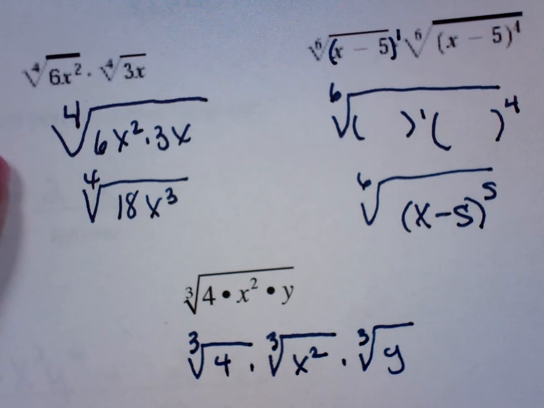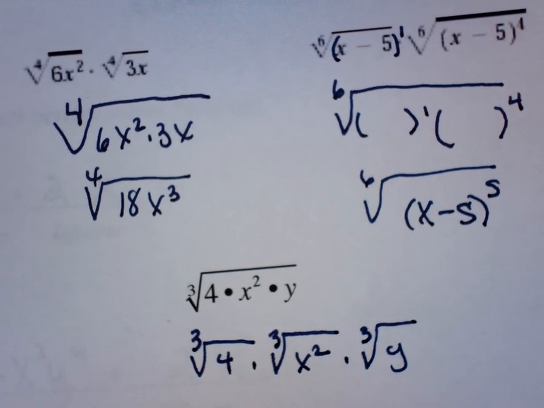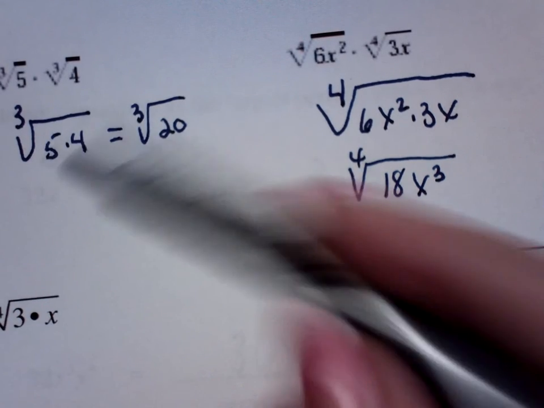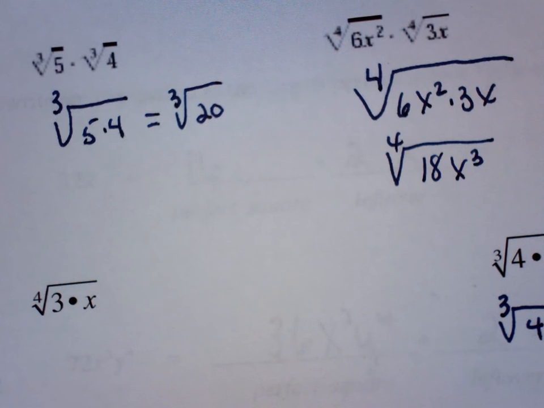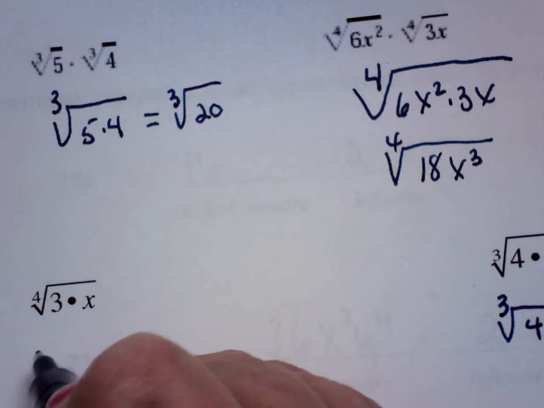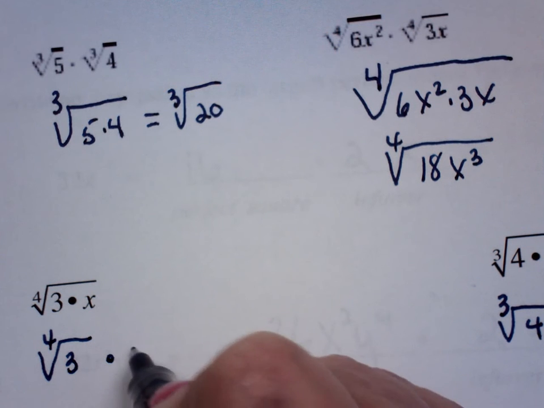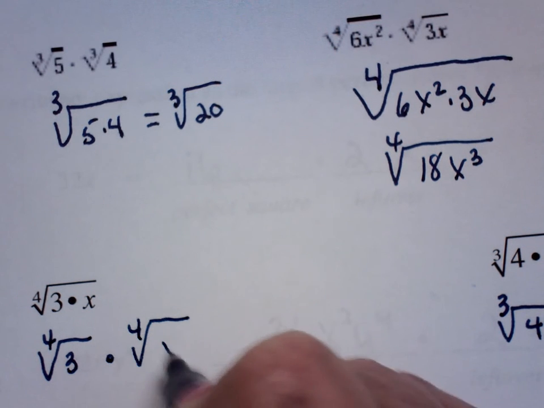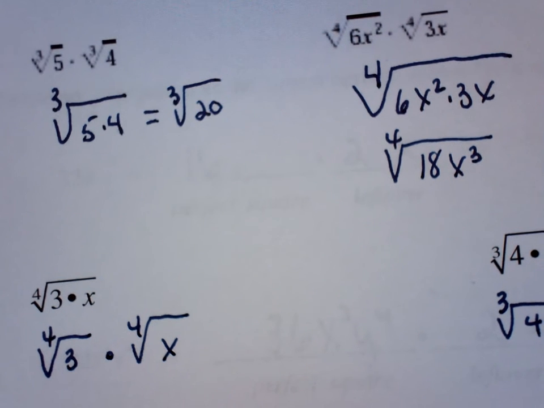And when you're simplifying radicals, that becomes an issue. If I have the fourth root of 3 times x, this is the fourth root of 3 times the fourth root of x. Notice how careful I am when I rewrite this stuff. Have to be.